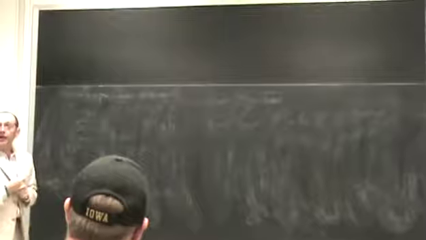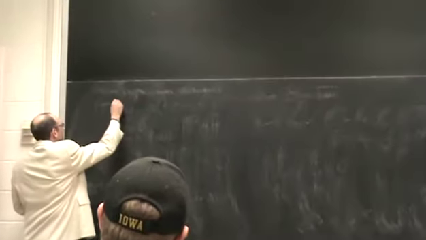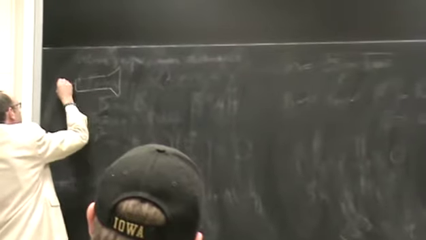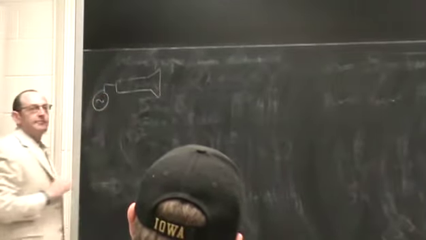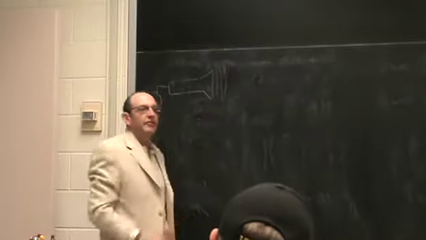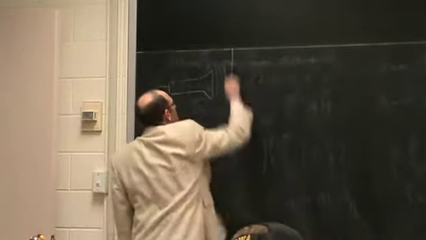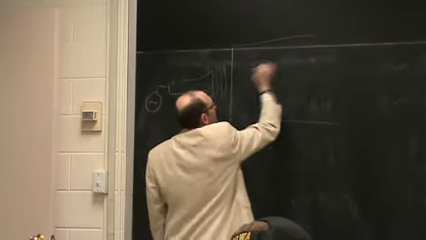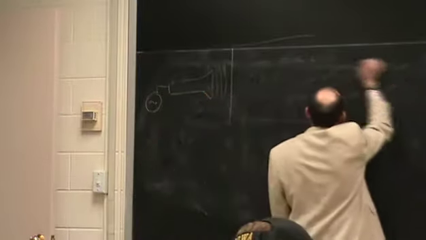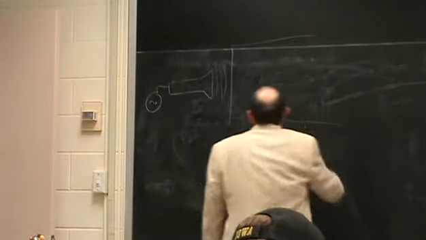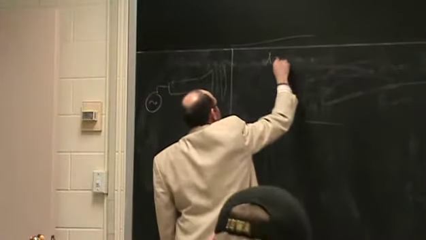Okay, so let's consider the following problem. Let's say I have a microwave horn that I hook up to some signal generator, and it sends out microwaves, electromagnetic waves, into a medium that is, I'll just take it to be semi-infinite. Okay? So this is a dispersive medium.